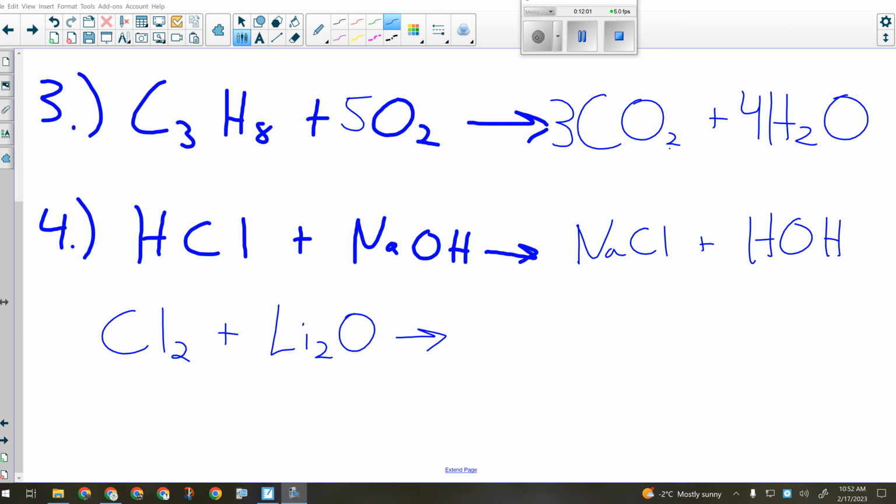As I was saying, when you have a single replacement reaction, an element reacts with an ionic compound, and it produces another ionic compound with a different lone element. In this case, the element that's reacting by itself is what kind of element, metal or non-metal? It's a non-metal.